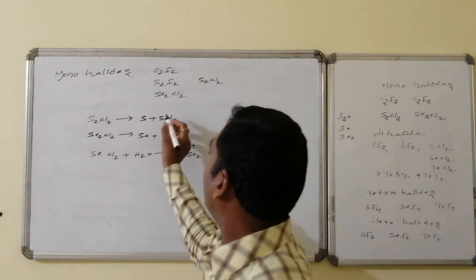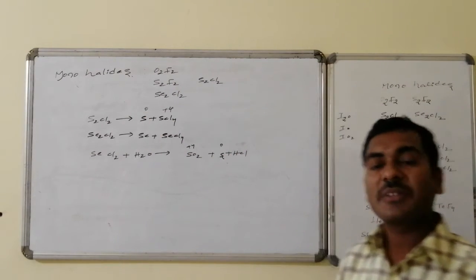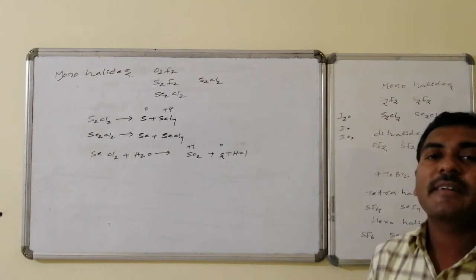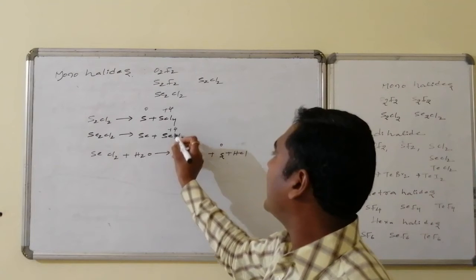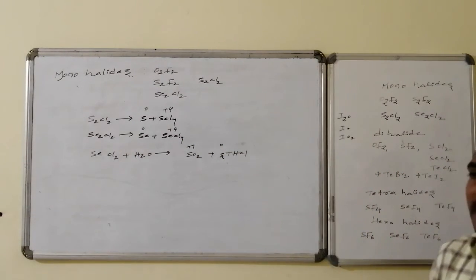Suppose sulfur dichloride is converted to sulfur tetrachloride followed by sulfur 0. Similarly, selenium dichloride on heating also undergoes a disproportionation reaction to give selenium tetrachloride followed by selenium 0.